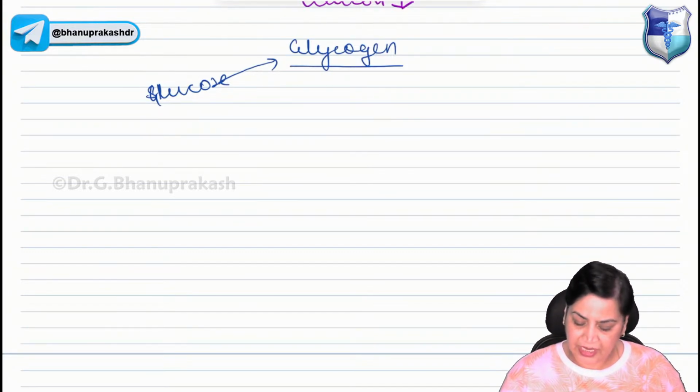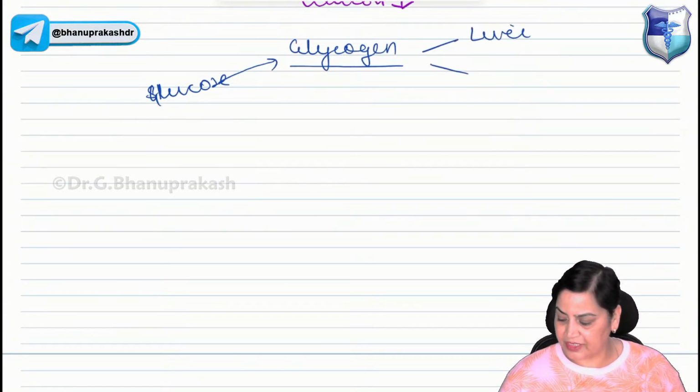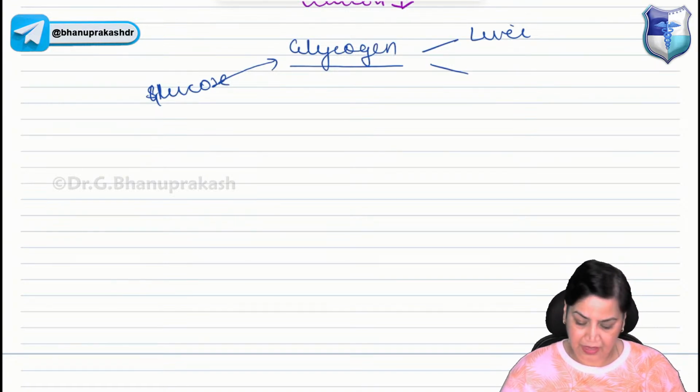Synthesizing glycogen, which is stored in the liver and the muscle. This is what we discussed yesterday. Okay, liver and the muscle.